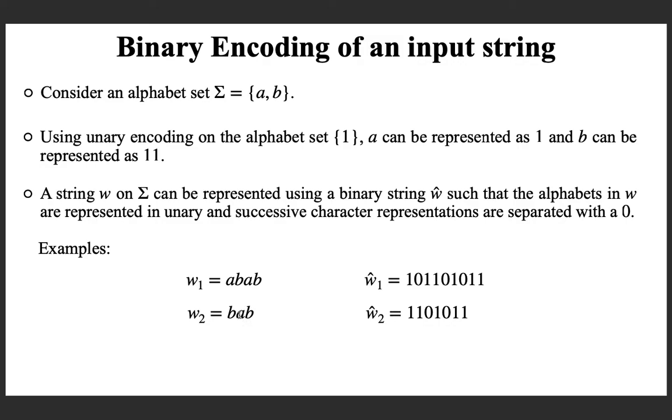11011011, because an A is there in between. And third example is BAAB. So what would be the hat W3? That is a binary encoding.